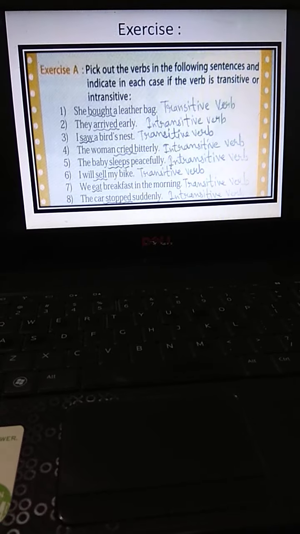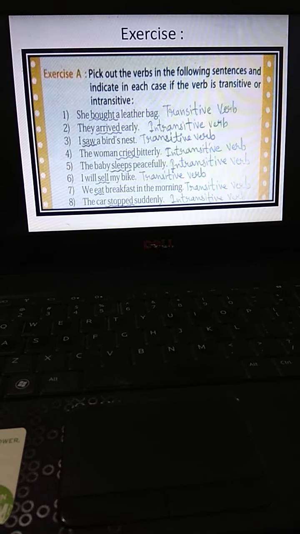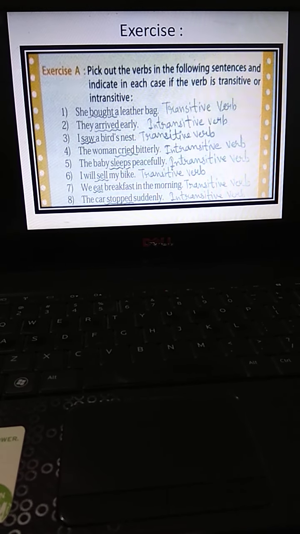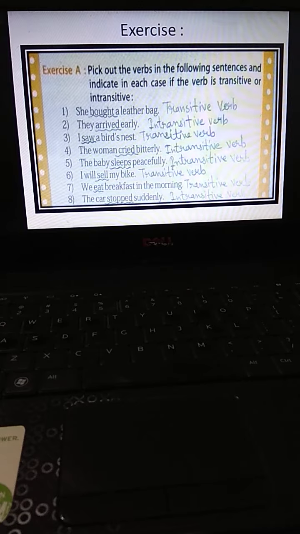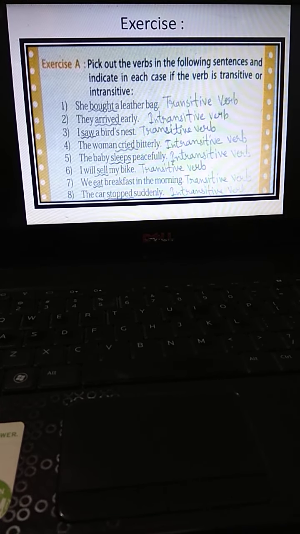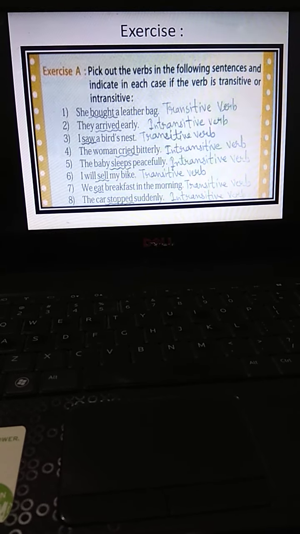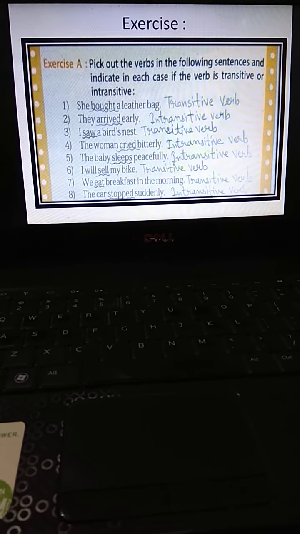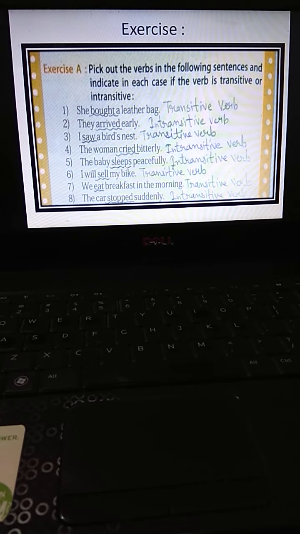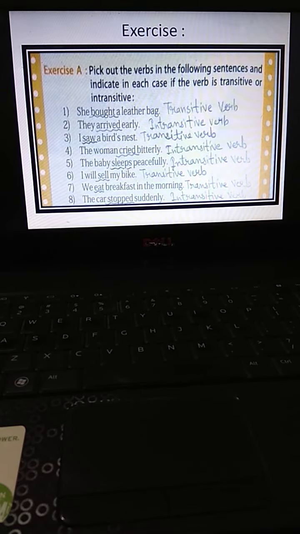1. She bought a leather bag. Bought, transitive verb. 2. They arrived early. Arrived, intransitive verb. 3. I saw a bird's nest. Saw, transitive verb. 4. The woman cried bitterly. Cried, intransitive verb. 5.